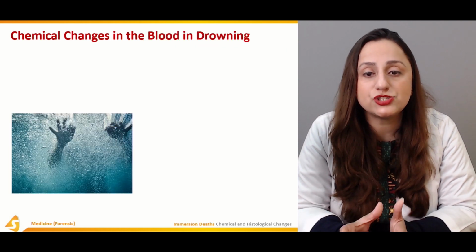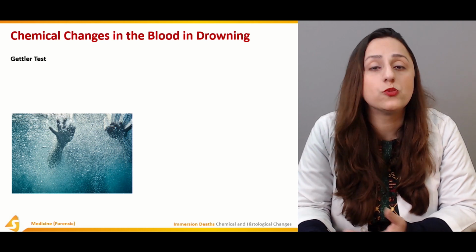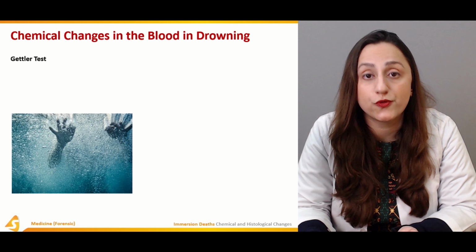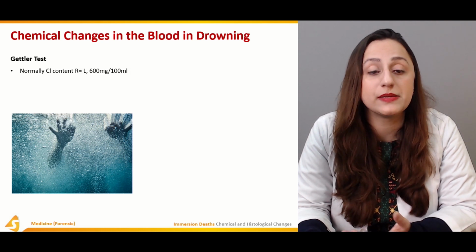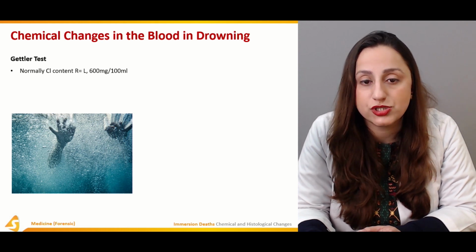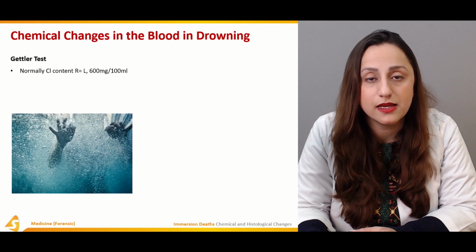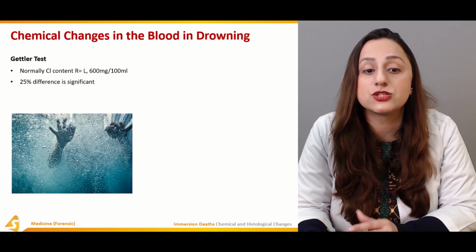The chemical changes in the blood in drowning are very important. What are the chemical changes we are going to look for? There is Gettler's test, where the normal chloride content is almost 600 milligrams per 100 ml of blood. And this Gettler's test has its own significance.